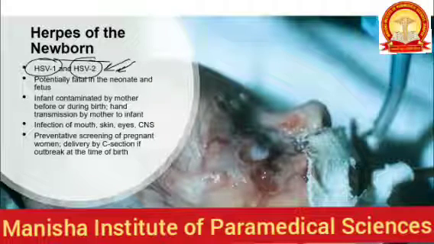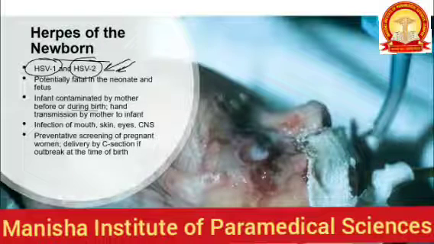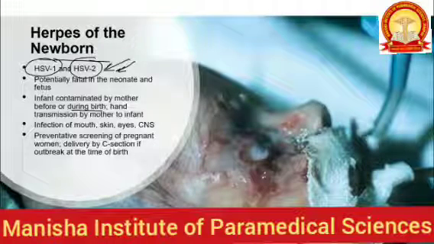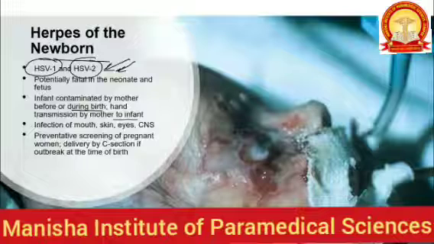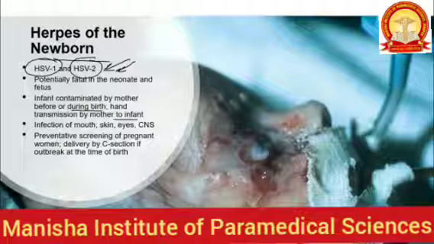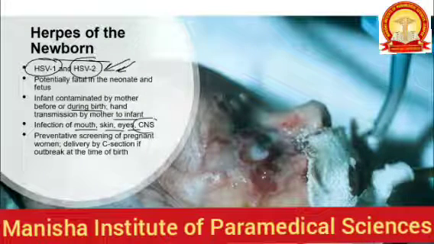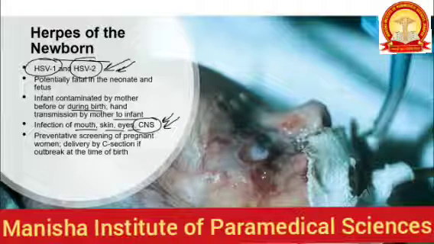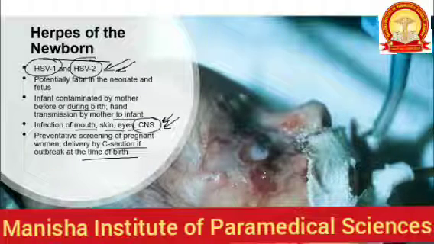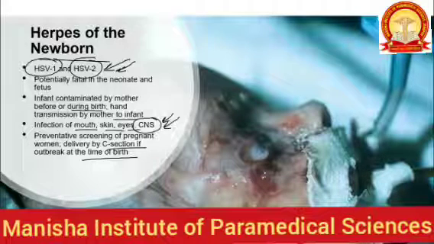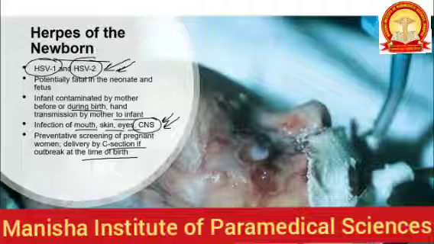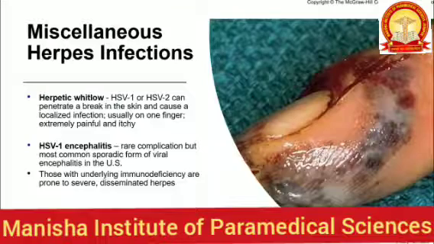The infant is contaminated by the mother before or during birth, and there is also hand transmission from mother to infant, causing an infection of the mouth, skin, eyes, and especially the central nervous system. Preventive screening of pregnant women and delivery by C-section if there is an outbreak at the time of birth can somewhat reduce the risk of the neonate having the same infection. It can be reduced.